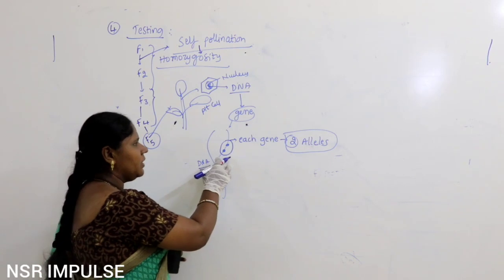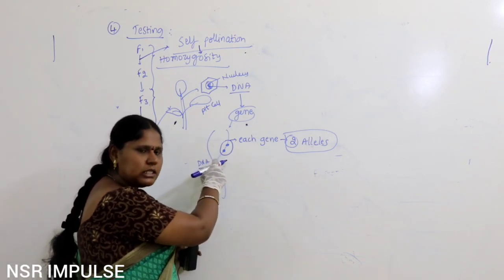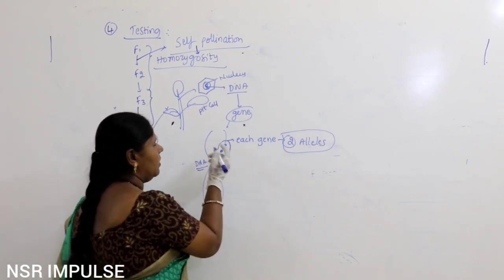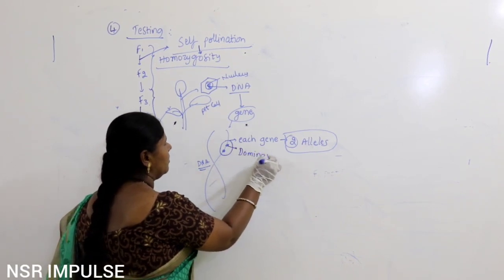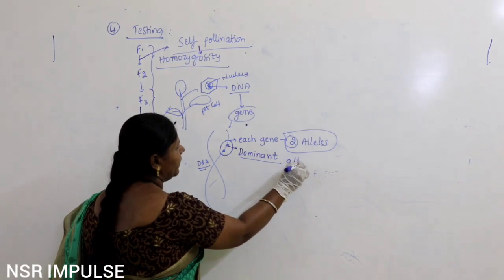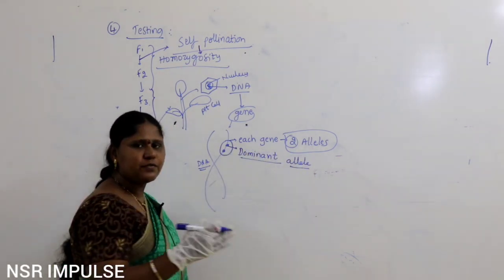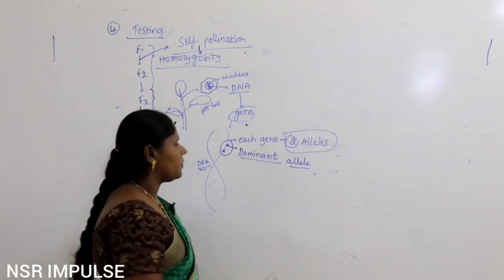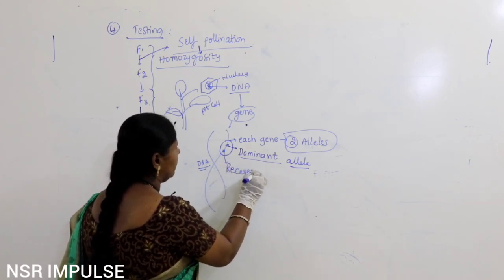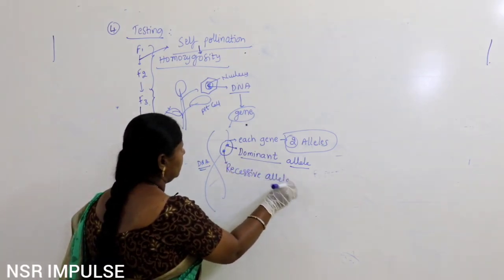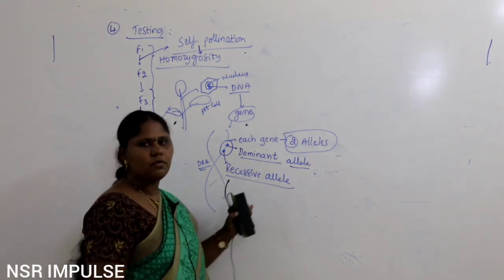So here on DNA, each gene contains 2 alleles. Now one allele is called the dominant allele. What is the meaning of dominant allele? It expresses across generations. The other one is called the recessive allele.